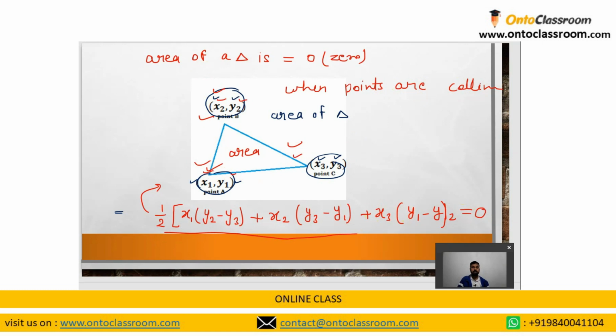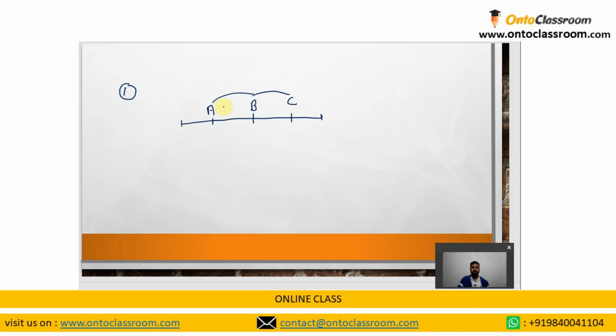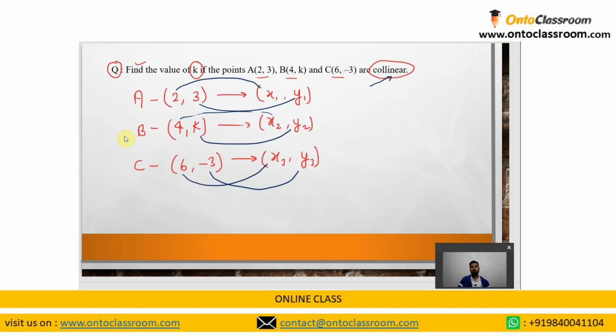Collinear means all the points are lying on the same single line, and whenever points are on the same line we cannot find area, or we can say area equals 0. This is the concept we have to use in this question to find the value of k.